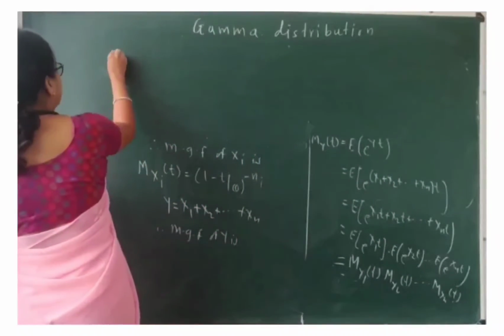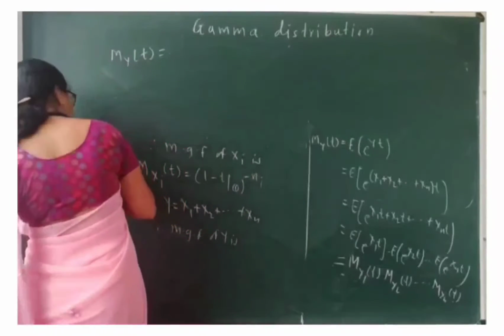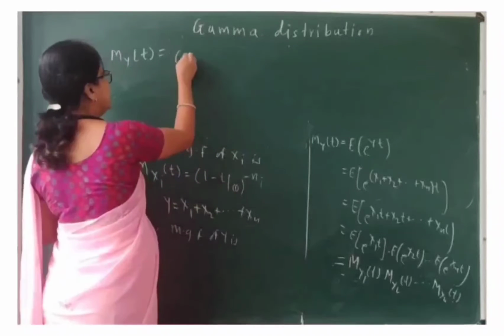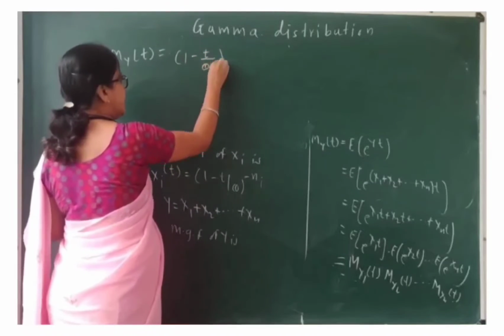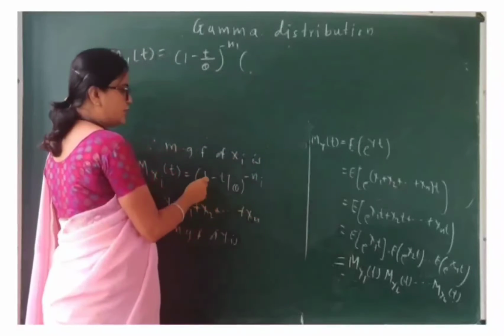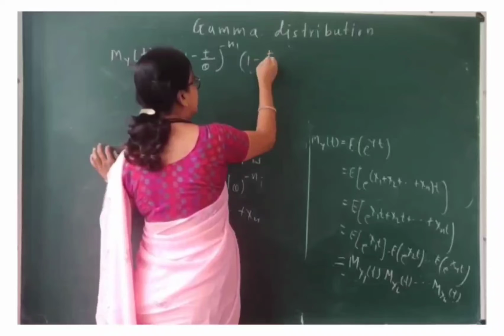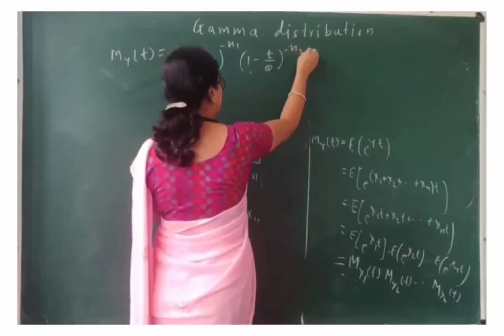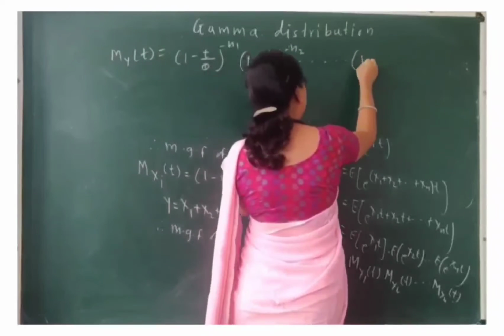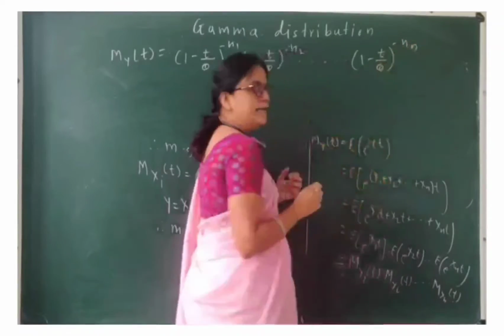So M_y(t) is equal to, putting the value of M_x1(t), (1 minus t by theta) raised to minus n1. Again M_x2(t) is (1 minus t by theta) raised to minus n2, and so on up to the last value, (1 minus t by theta) raised to minus nn.